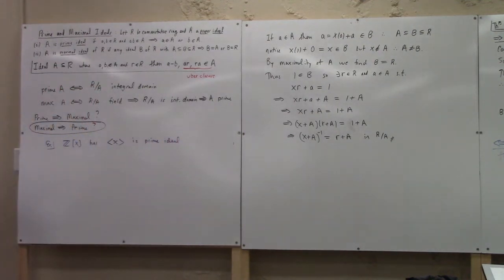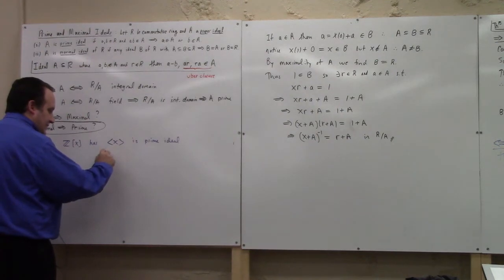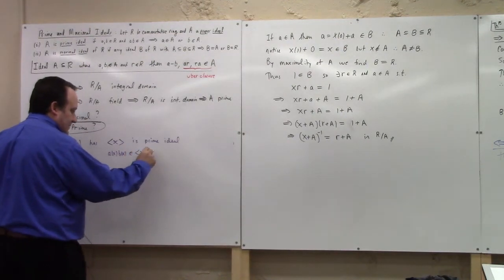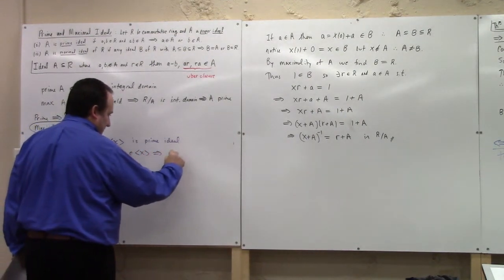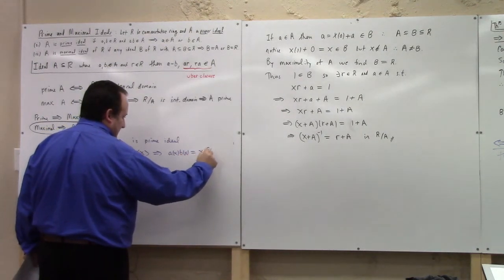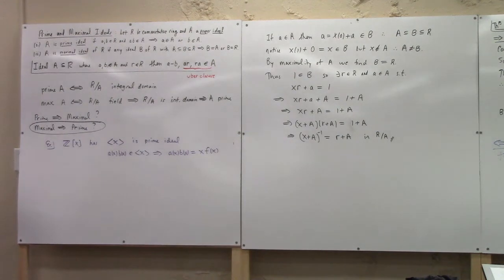I mean, think about it. If you had a product of two polynomials in there, say a of x times b of x is an element of this, what does that mean? That means a of x times b of x is equal to x times f of x for some polynomial with integer coefficients.